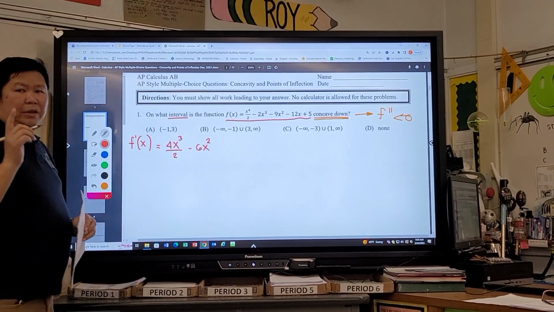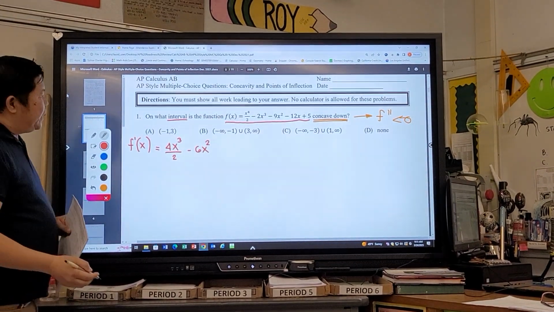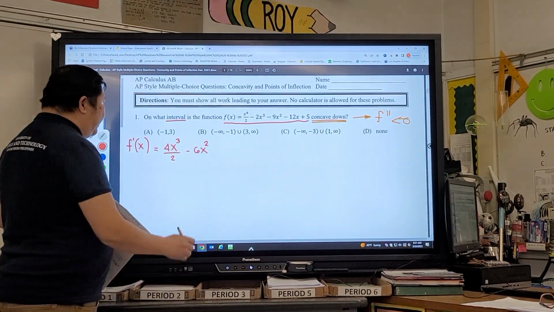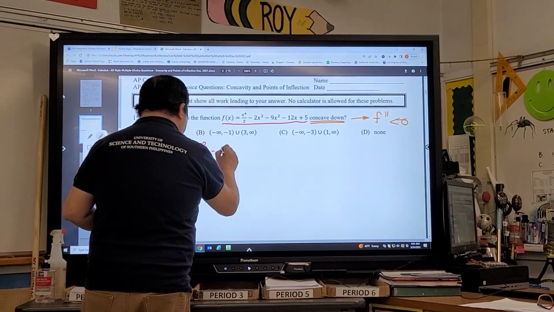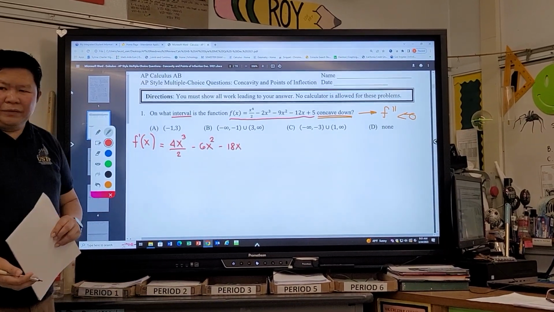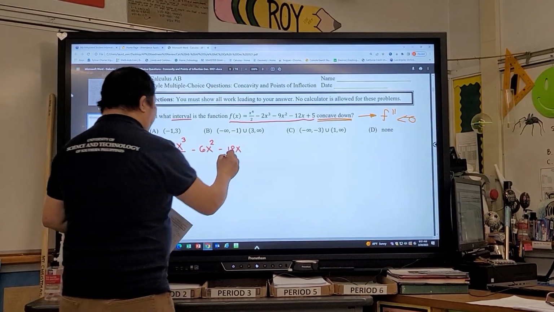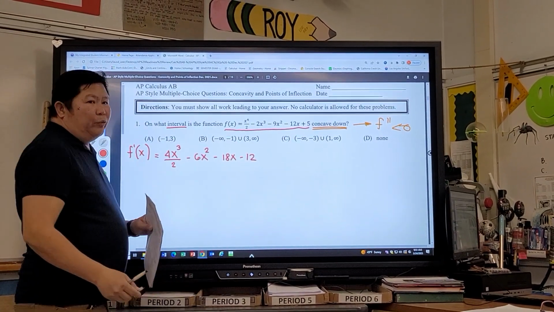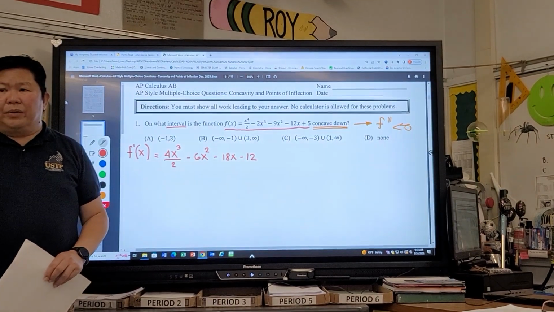Okay, sounds good. And what's next? Negative 18, so negative 18x. And what else? Negative 12. Okay. So of course the derivative of 5, which is constant, is 0.